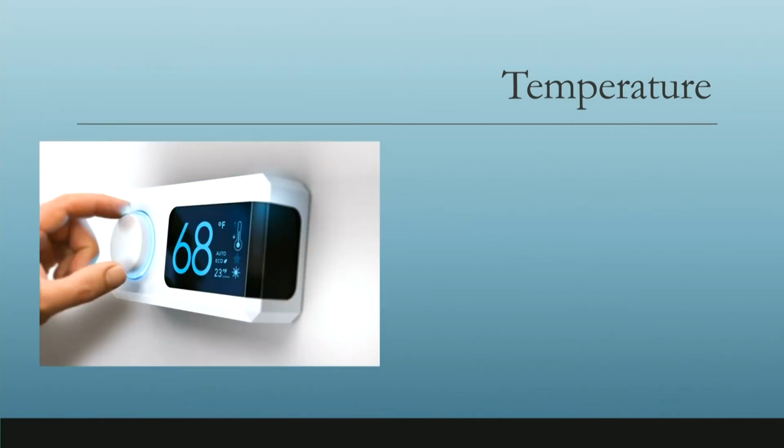Now it is 2021, so not all our measurements are made with thermometers. We do have digital devices that we use for our temperature. So if you are using a digital probe for temperature, whatever number is displayed, that's the number that you write down.